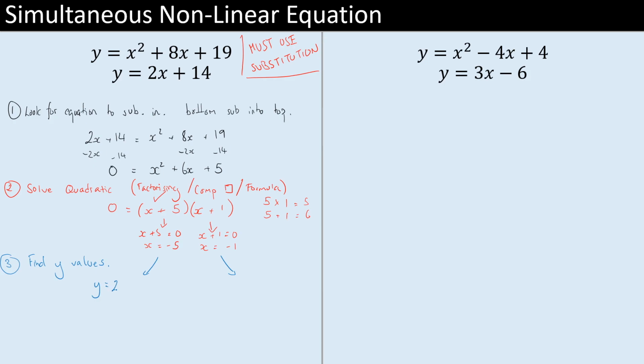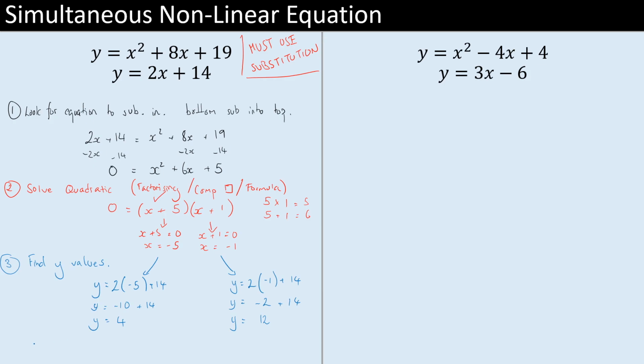So we're going to have 2 lots of negative 5 plus 14. We're going to have 2 lots of negative 1 plus 14. So for this y value, 2 times negative 5 is negative 10. Add 14 just gives us a nice 4. And 2 times negative 1 is negative 2. Add 14 is a nice 12.